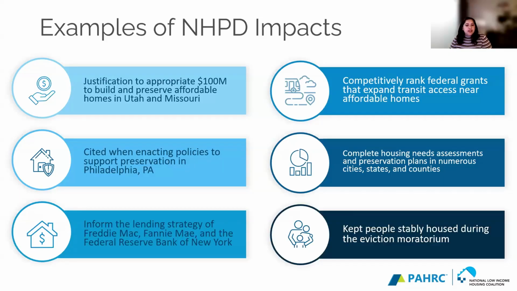It was used by low-income families during the pandemic to search for housing and to assess their eligibility for the CARES Act eviction moratorium. Additionally, it has been used to competitively rank federal grants that expand transit access near affordable homes, and to support preservation policies and housing needs assessments in numerous cities, counties, and states. Next slide.